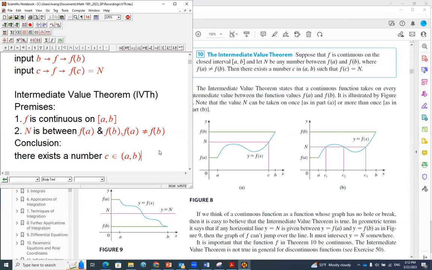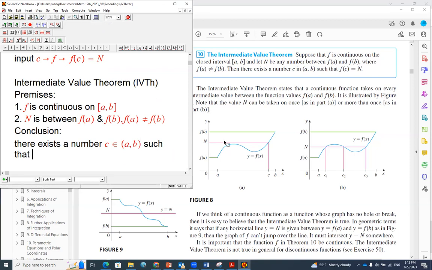This also means that C is greater than A and less than B, such that f of C is the same as capital N. And capital N is chosen arbitrarily between f of A and f of B.